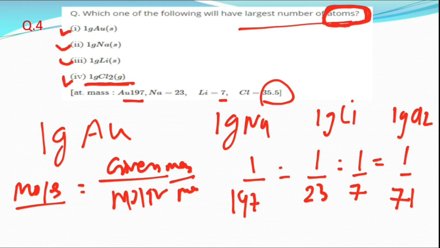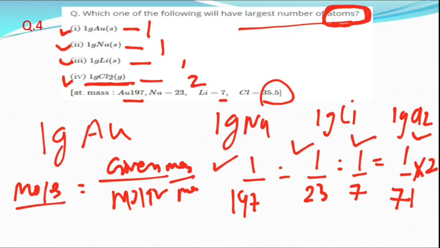Now the number of atoms in gold is 1, sodium is 1, lithium is 1, and Cl2 is 2. So we will multiply the number of moles of Cl2 by 2 to find the number of atoms. Okay, so you can solve all these 4 calculations, and whichever number you get as the maximum, let me know. This is the way we have to go about it.